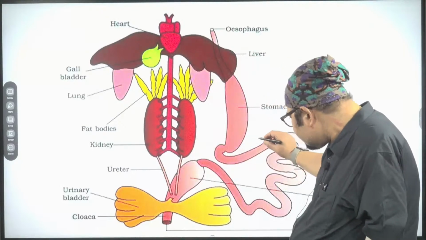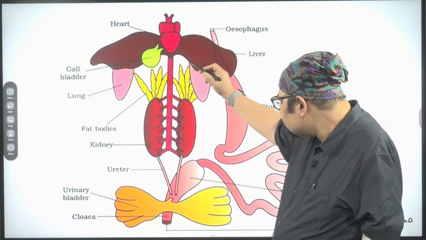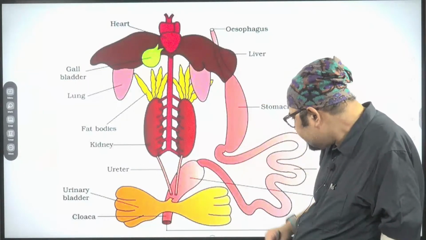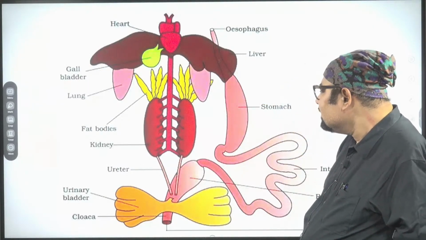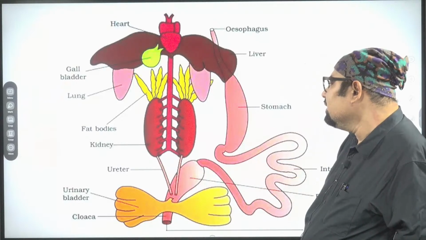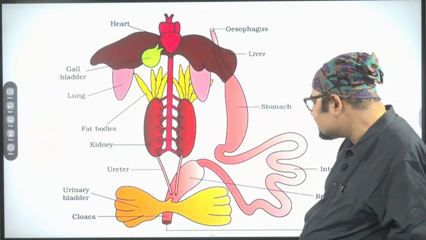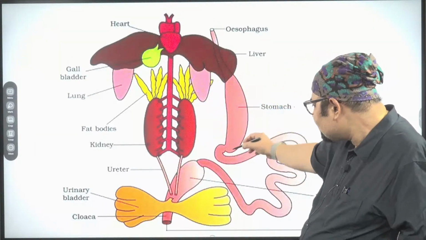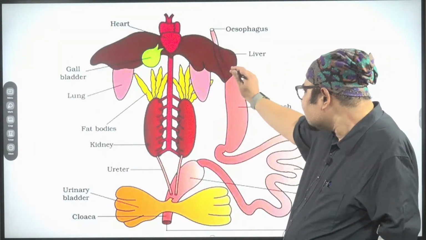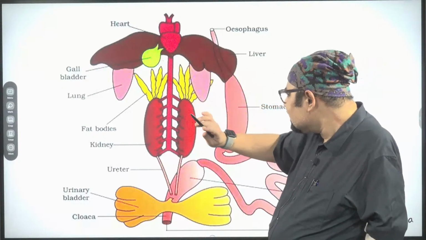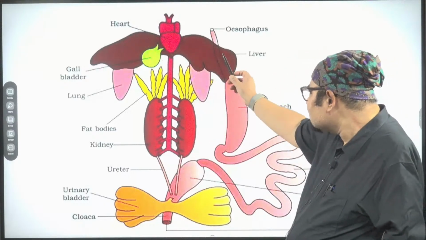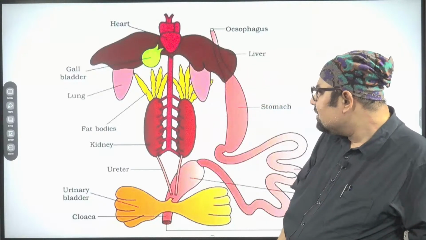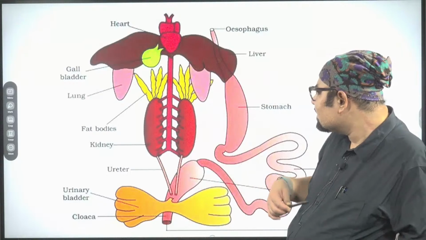However, the bile duct and the pancreatic duct open into the first part, that is the duodenum, through the common duct, the hepatopancreatic duct, which is hepato for liver and pancreatic for pancreas. These are the accessory digestive glands. One is the pancreas, one is the liver. Liver is the largest gland in this animal and in all other animals, in our case also.